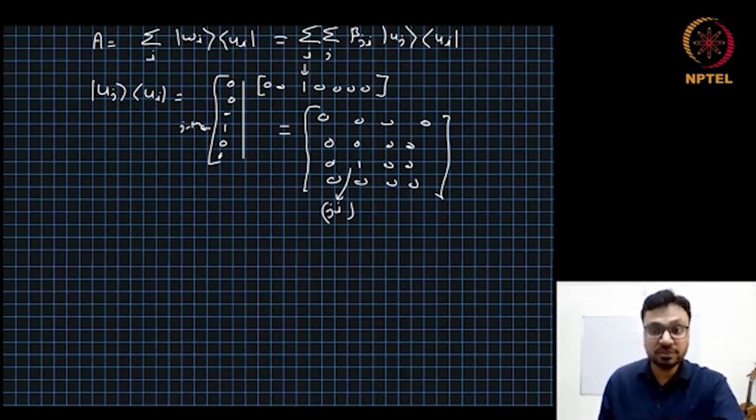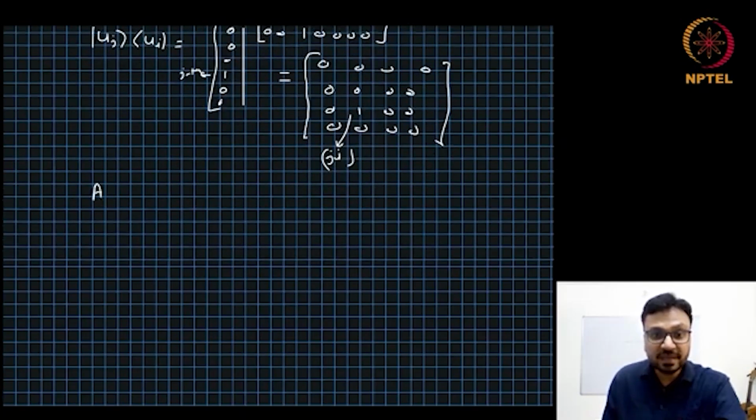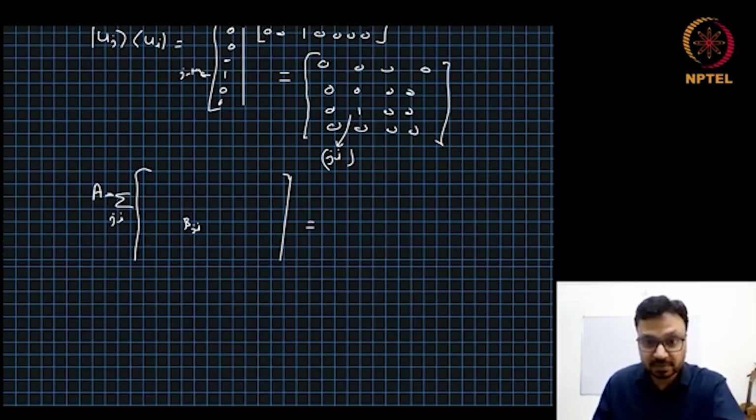So if we put everything together, we get A to be beta ji times a matrix that is zero everywhere else, summed over j and i location-wise. This is a strange kind of sum. It's not a normal sum, because the operators are also changing location.